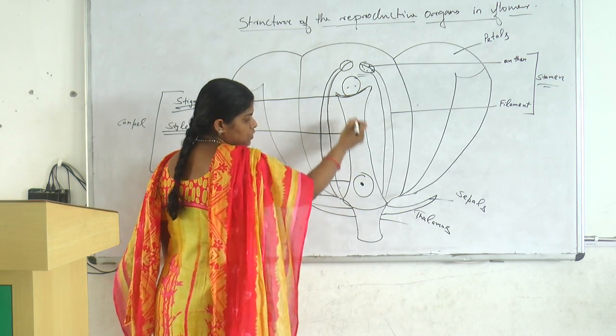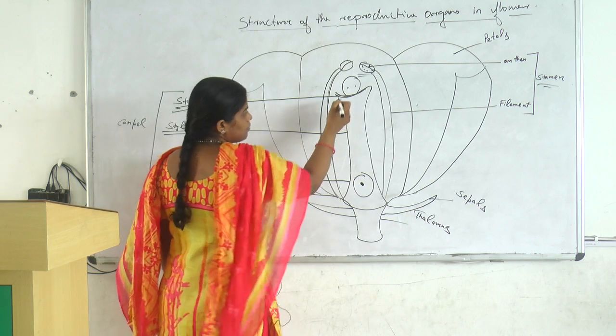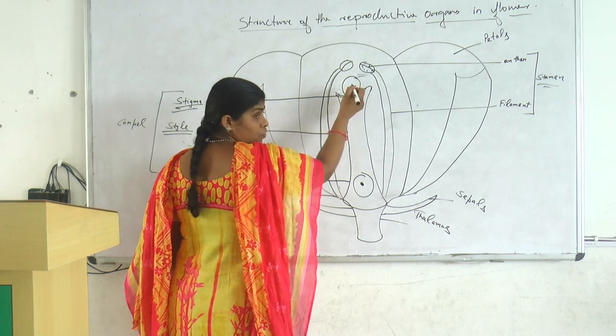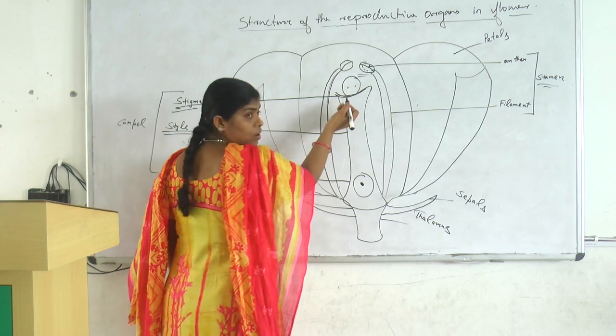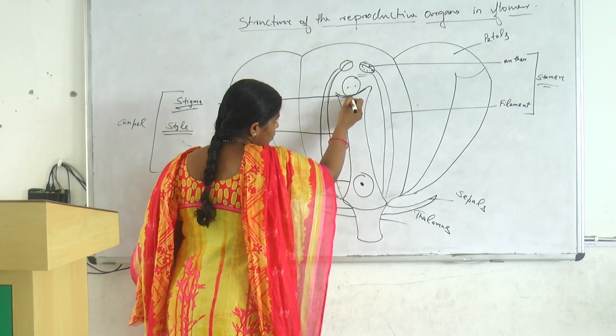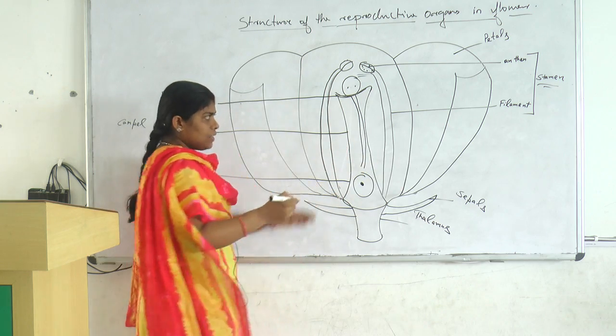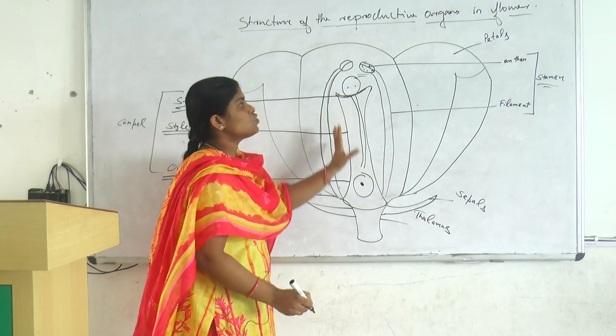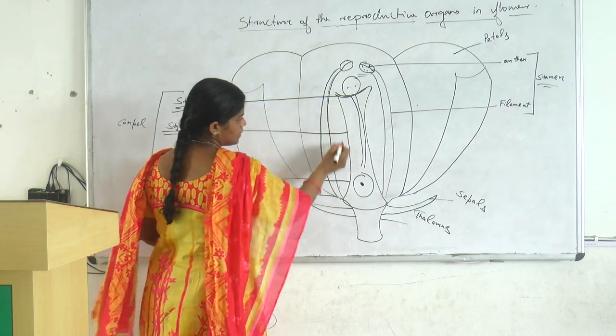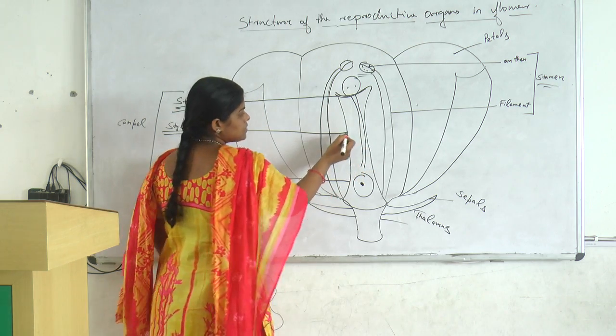The gamete should come here, and how? A pollen tube is growing through the style. This part is a tubular portion, and this is the style.